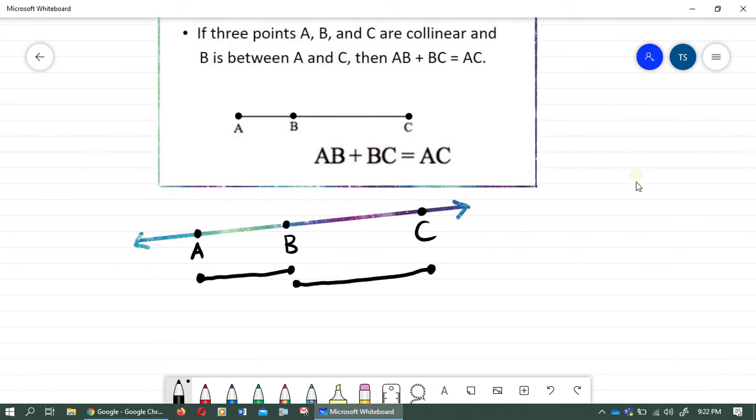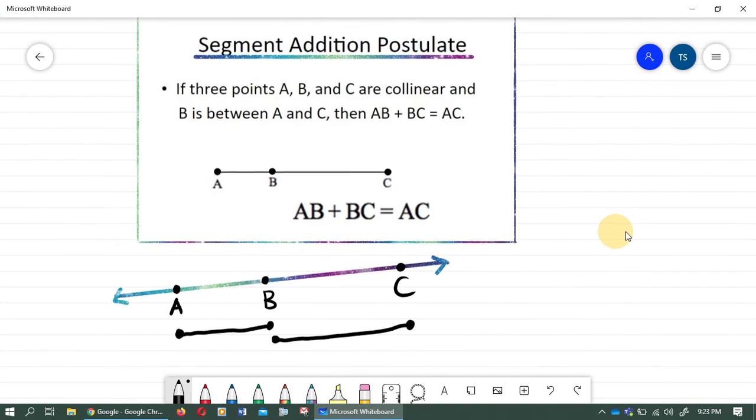Not only just segment AB and segment BC, there's the entire segment from A to C. So there's three segments in total: segment AB, segment BC, and the entire segment, segment AC, right?